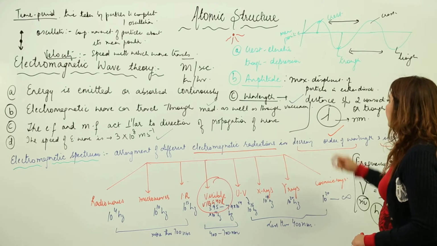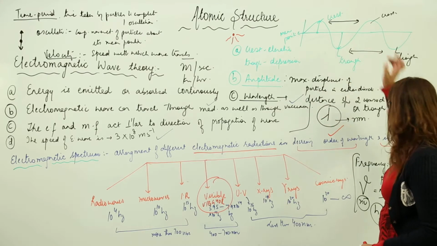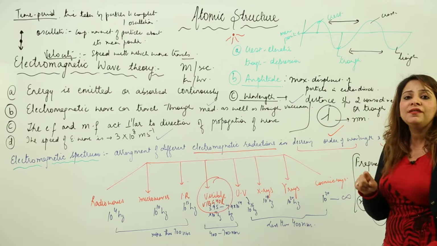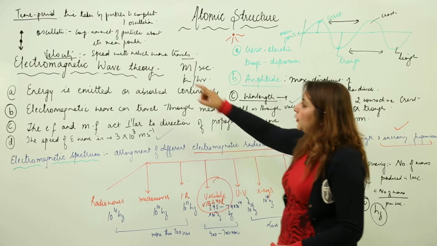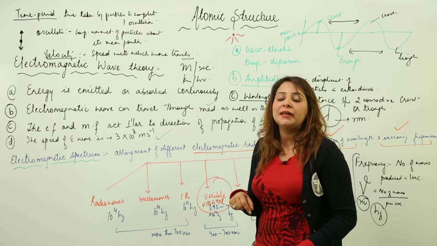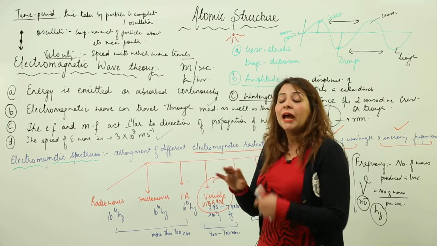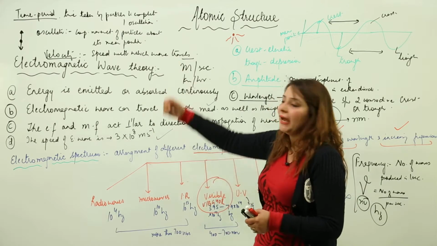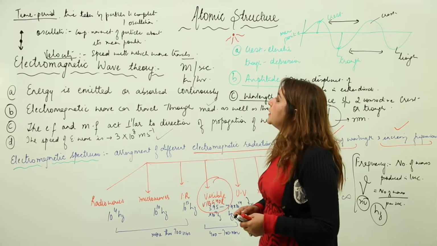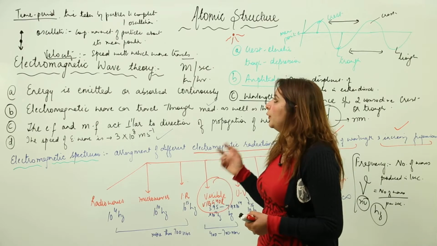Frequency is the number of waves produced in 1 second, measured in hertz. Oscillation is the complete movement of the particle about its mean position, and the time the particle takes to complete one oscillation is called the time period. And velocity is the speed with which the wave travels.